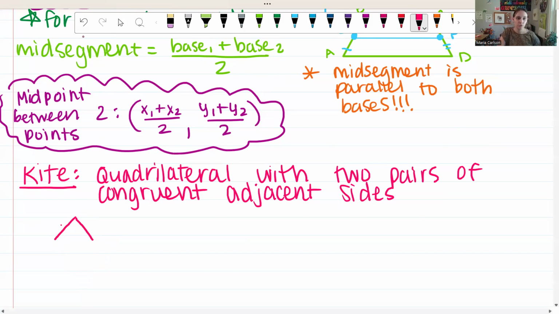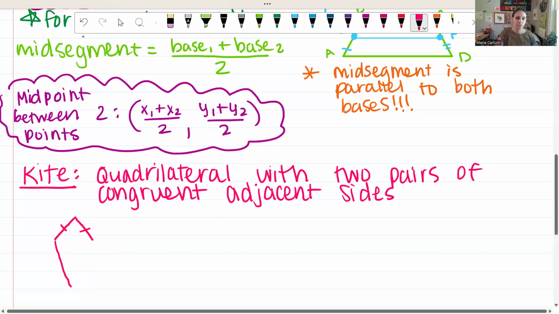Here are two congruent adjacent sides, and then you have another set of congruent adjacent sides. So if this is a kite, this would be kite ABCD.